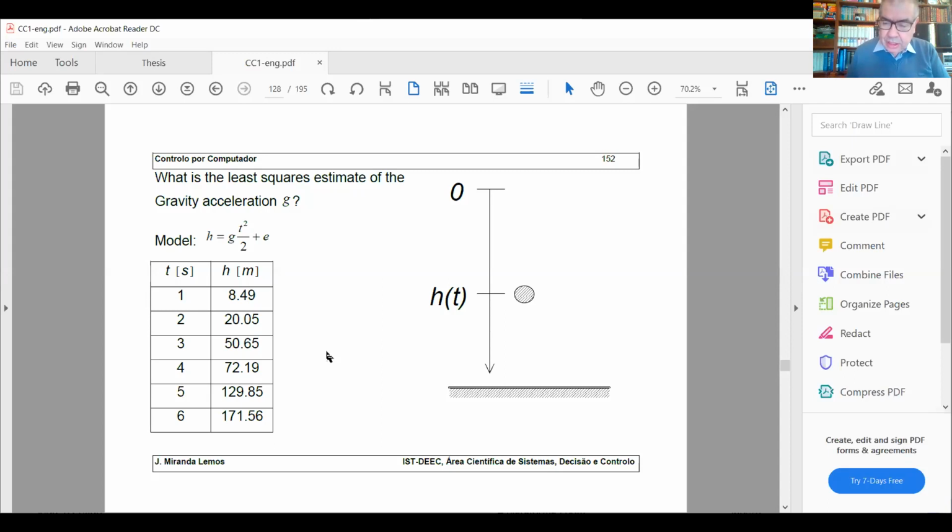Okay, I will just show the functional, and the estimate is just to differentiate the functional with respect to g and equate it to 0. So the functional, you can see it here. I wrote it just for the first 3 points. Can you see?